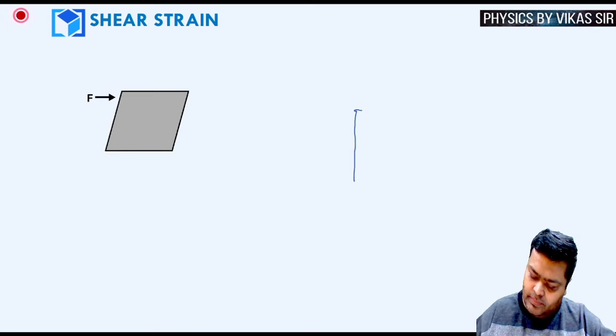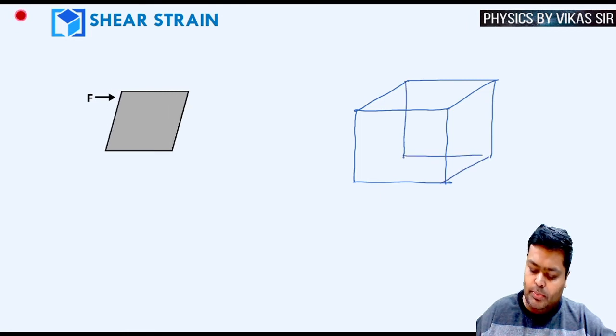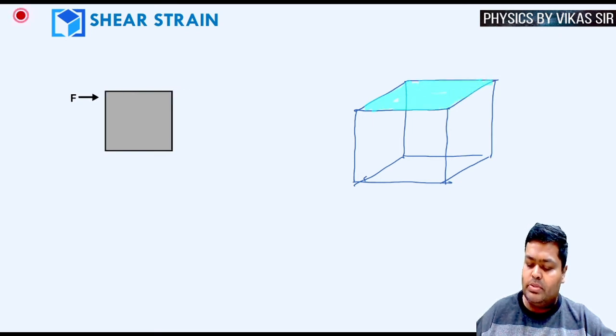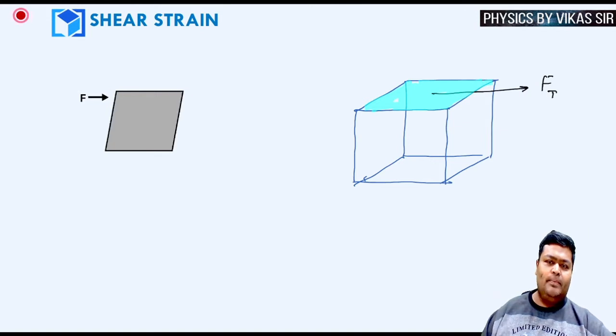So this is the object and we apply the force on this object by selecting a particular layer. So I selected the topmost layer of it and I'm applying the force on the topmost layer tangentially. So I am subjecting this layer to shear stress.